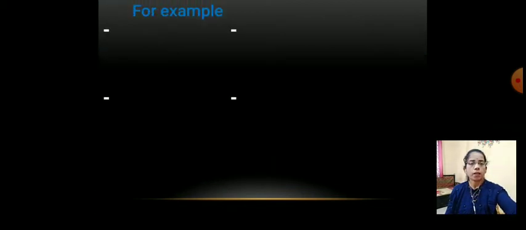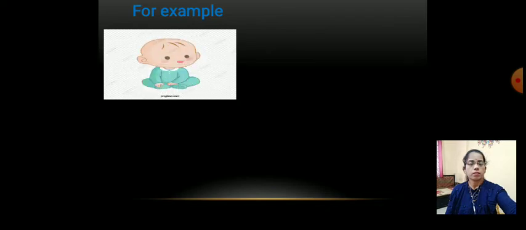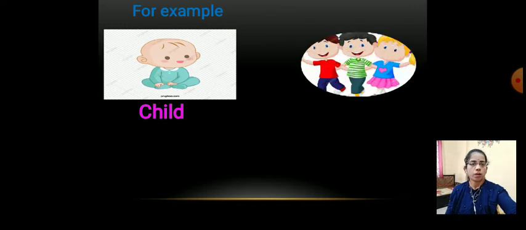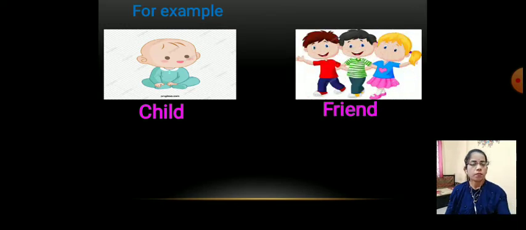For example, child. In the word child, there is a baby girl and also a baby boy. The child is the common gender. Next one, friend. This noun includes both girl and boy.